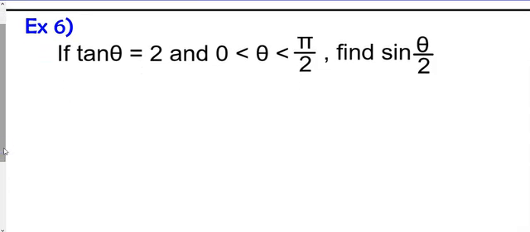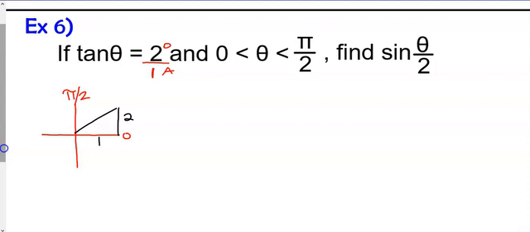What I would do first is draw a picture, and we are between 0 and pi over 2. You want tangent to be 2. I would write that as a fraction, since it's not written as a fraction currently. Remind yourself that tangent is opposite over adjacent. So when we draw this picture, we want the opposite side to be 2, the adjacent side to be 1.